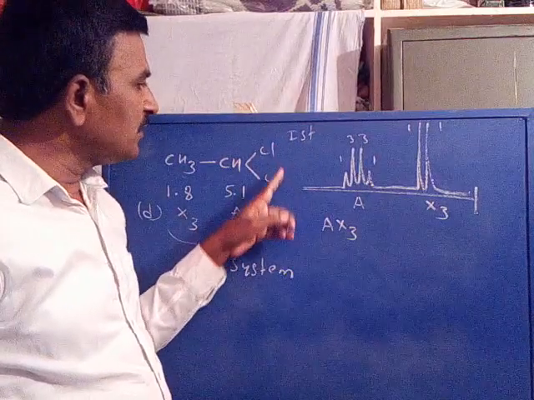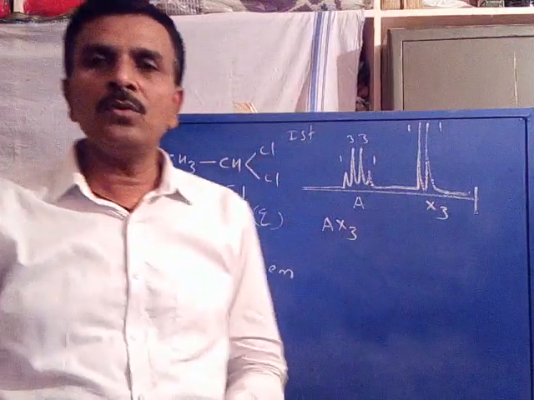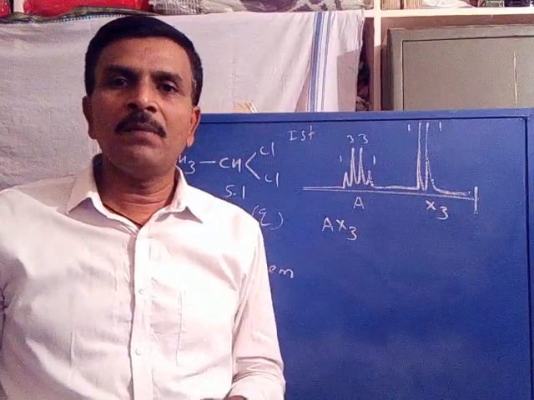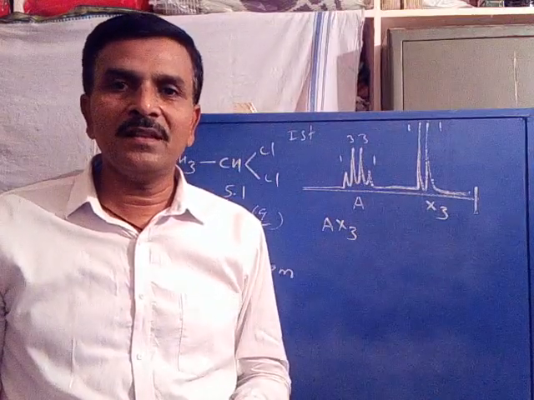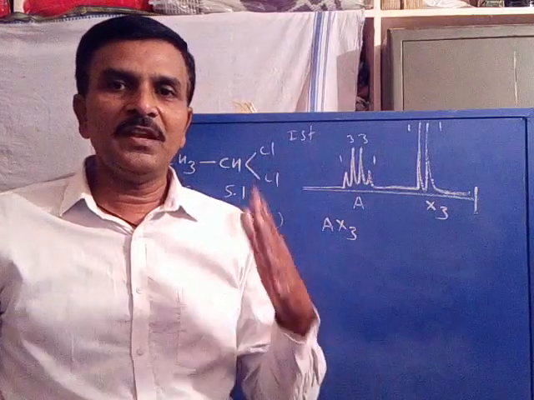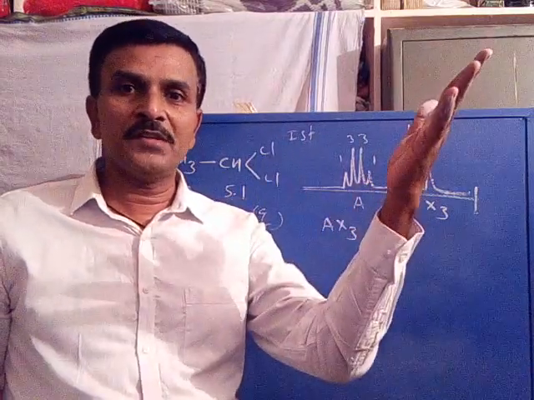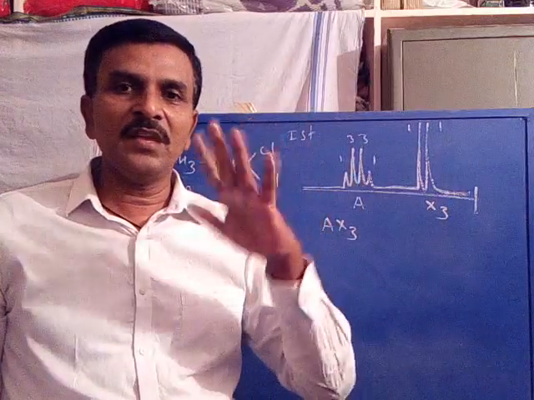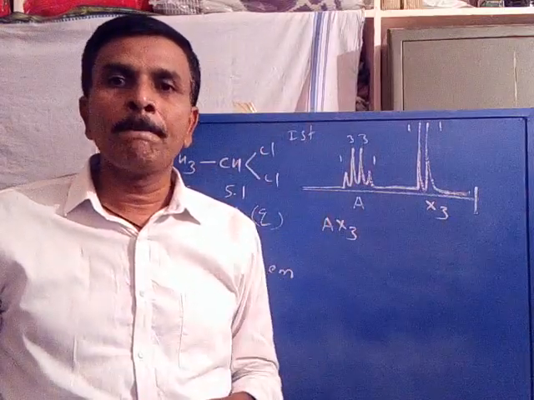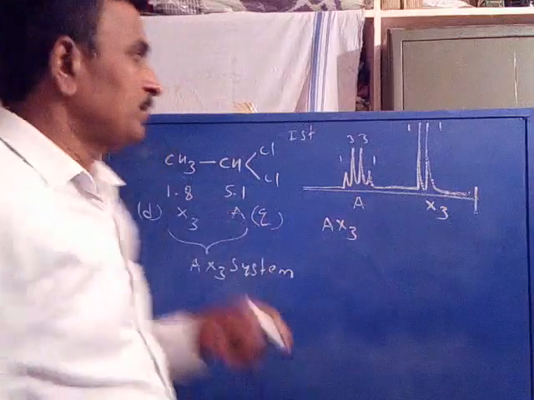You simply change these two chlorines with any other two groups. You will get n number of examples under the AX3 system, like alpha chloropropionic acid, where CH3, CHCl, COOH. CH has 1 proton, CH3 has 3 protons. Alpha chloropropionic acid comes under the AX3 system.